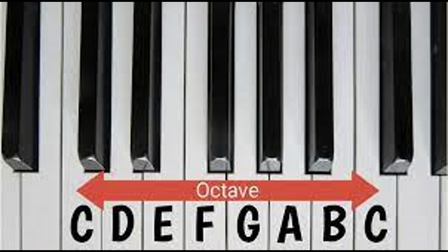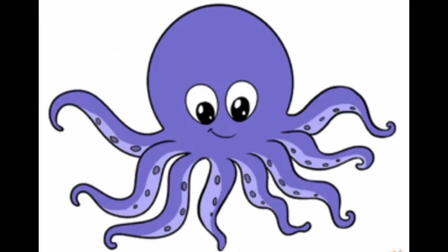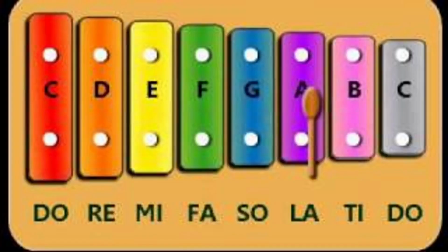What does octave even mean? It comes from the word octo, which means 8. Ever seen a shape called an octagon, like a stop sign? It has 8 sides. Do you know why this sea creature is called an octopus? You guessed it, because it has 8 legs. So in music, the octave is a group of 8 notes.